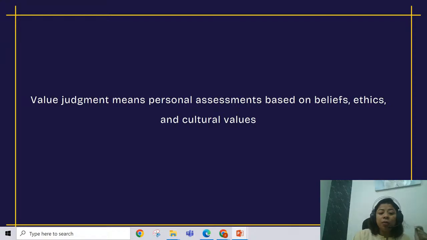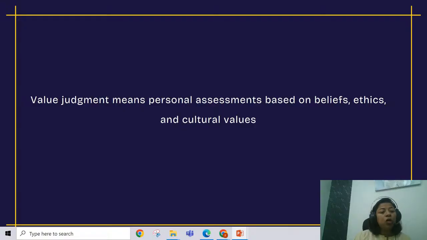Now, value judgment means personal assessments based on beliefs, ethics, and cultural values. So, to the same problem or issue, the value judgment given by you and your friend looking at the same set of evidence will definitely be different.